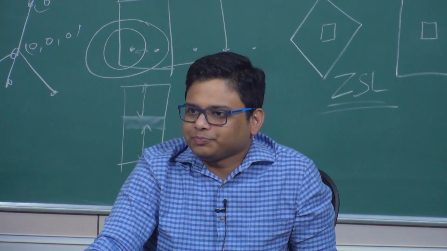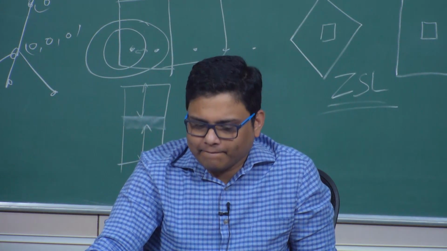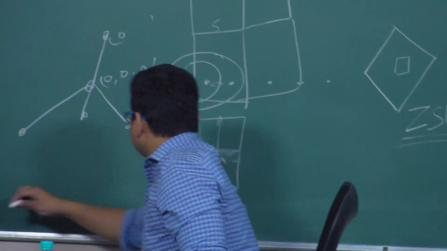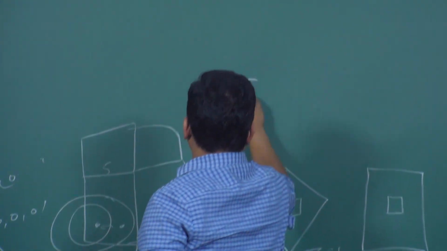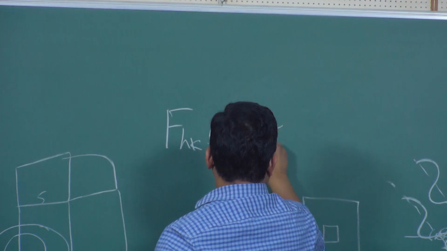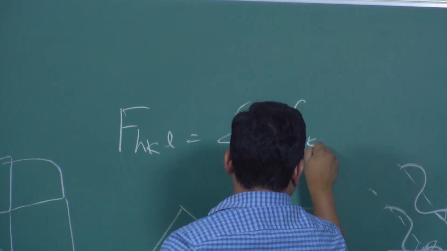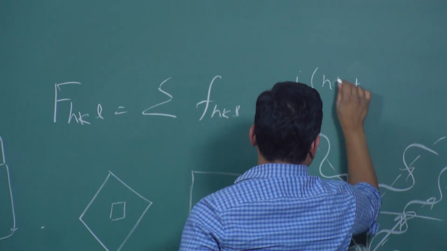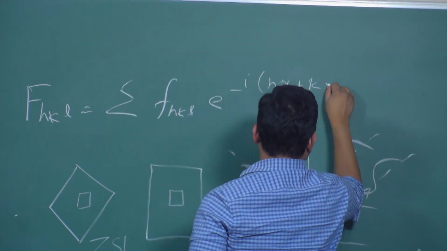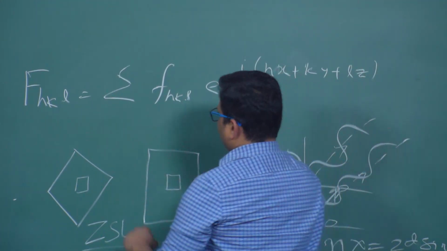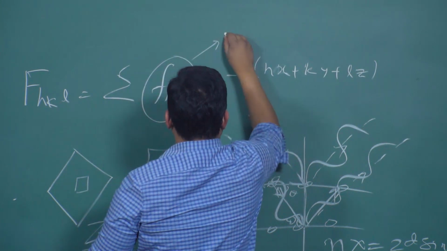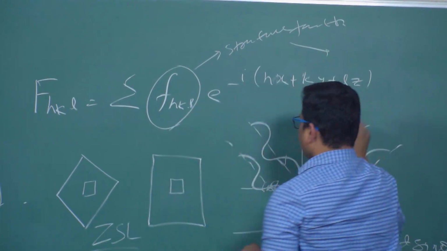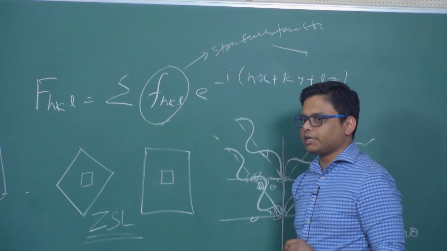Yes. So in XRD, how do you get the intensity? We got how to get the positions. Good question. There is a formula: F(HKL) equals the sum of f, small f, times e to the power i, (hx + ky + lz), and this small f is called the structure factor. The structure factor for each atom is very characteristic and is available in databases.